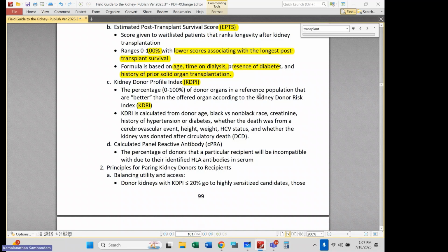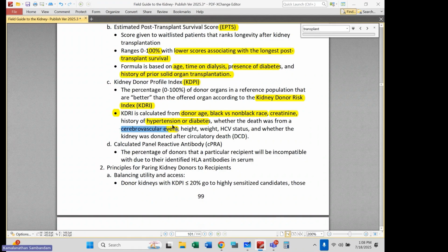The kidney donor risk index is a score essentially that you get based on a number of factors in the kidney attributes. So donor age, black versus non-black race, creatinine, hypertension or diabetes in the donor.